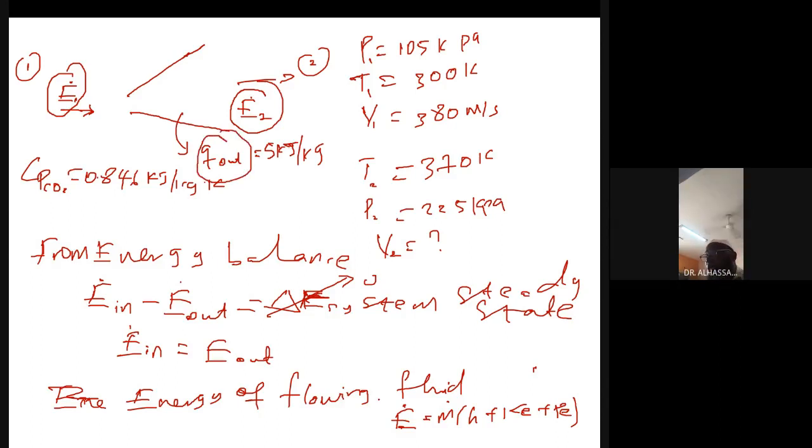So the total amount of energy coming in, E1, should be equal to E out, that is E2, plus the heat loss.